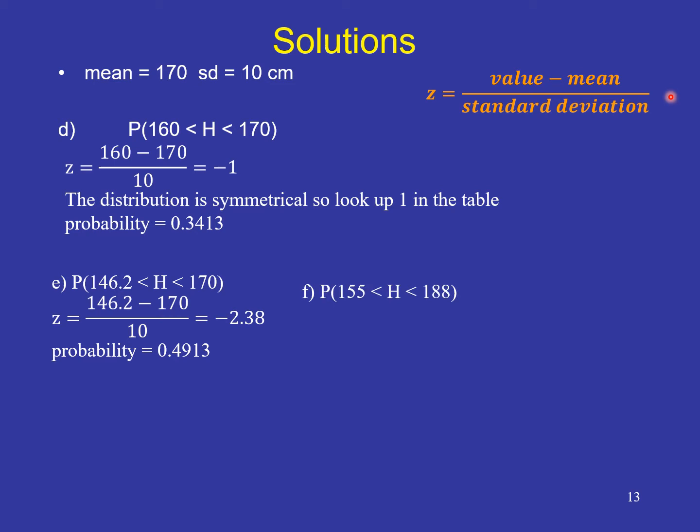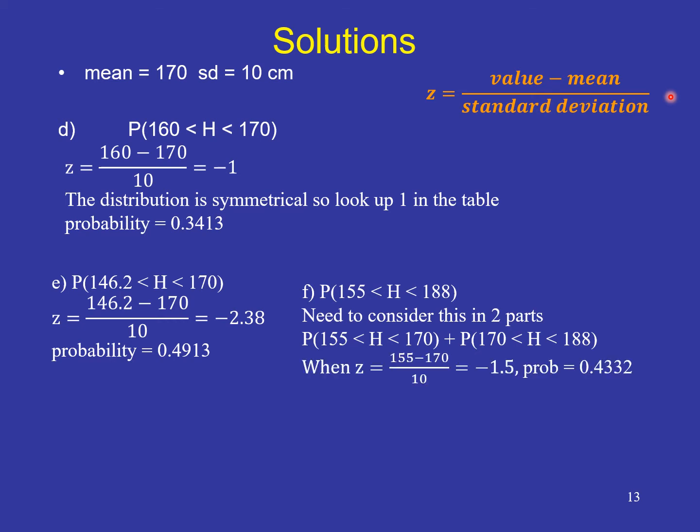F asks for the probability of between 155 and 188. Because the mean is within this range, we have to consider this in two parts. We need to consider the probability of someone being between 155 and 170, and then the probability of someone being between 170 and 188.